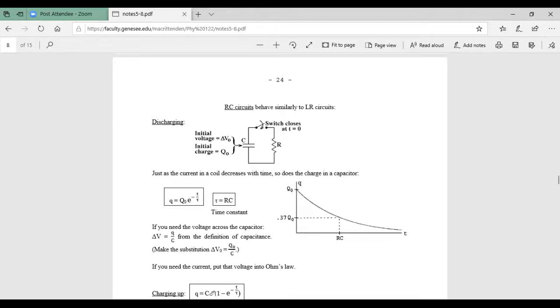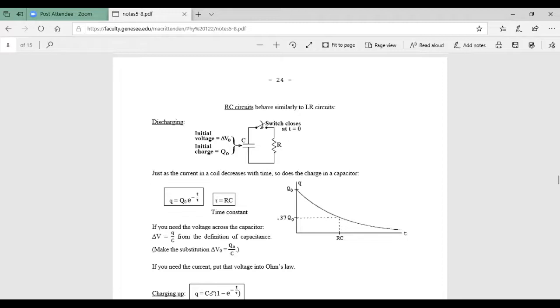What I'm about to say here is pretty much a rerun of what I just went through, just with a few words, you know, cross out the word inductor, put the word capacitor instead. The way that an inductor stores energy in its magnetic field is kind of the same general sort of thing for how a capacitor stores energy in its electric field, the electric field between the plates of the capacitor.